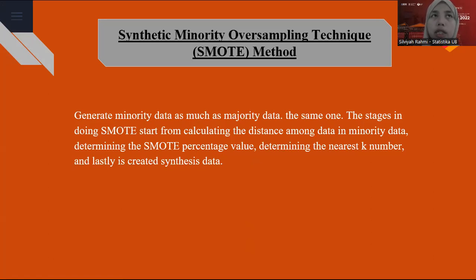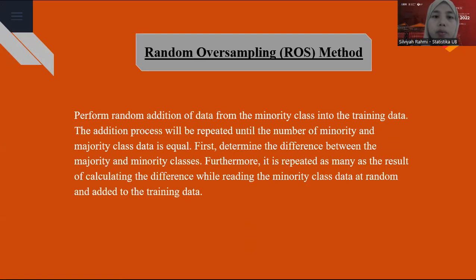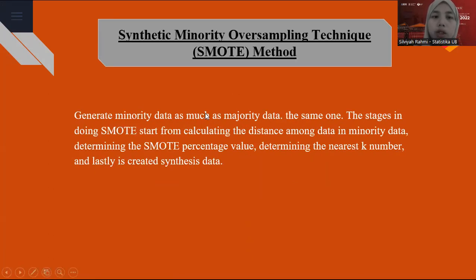So in our case, the 20 data will be generated into more data so that it has the same number as the majority class. And then random oversampling also adds data from the minority class to match the majority class, but it has the characteristic that it is random, which is the difference between random and synthetic minority oversampling.